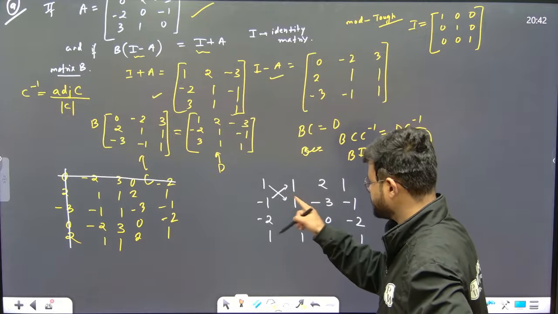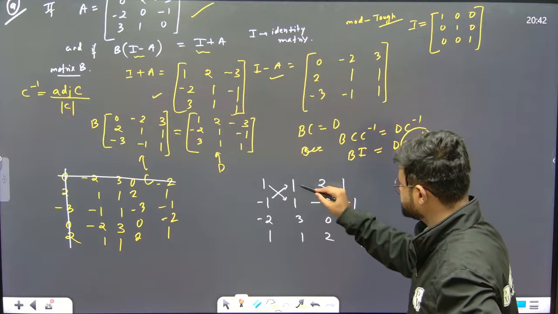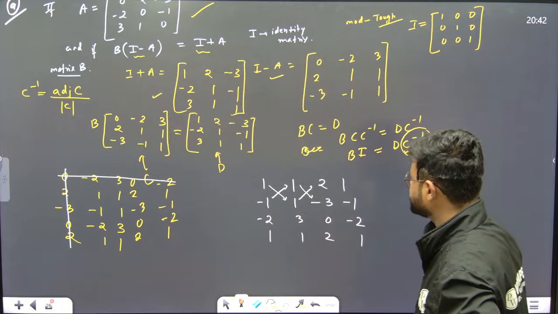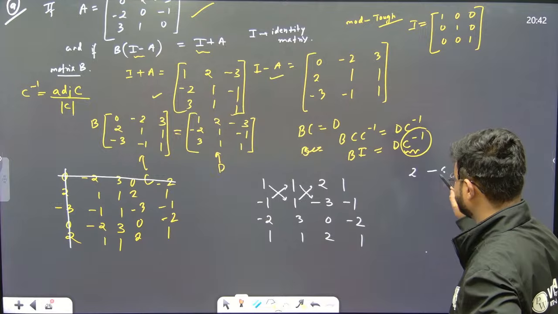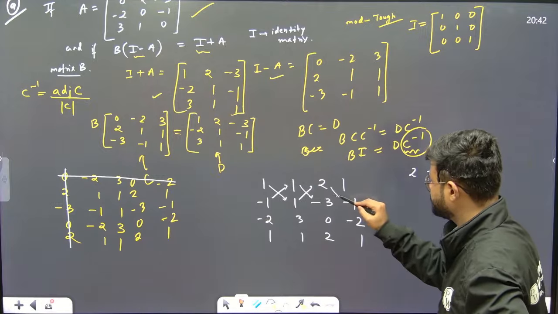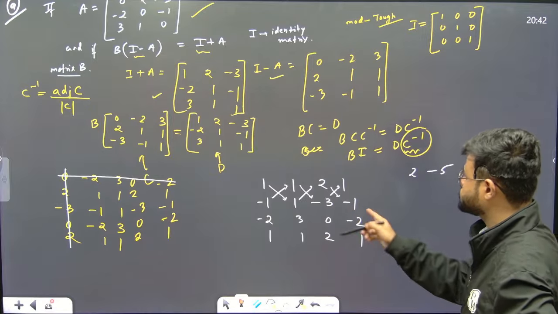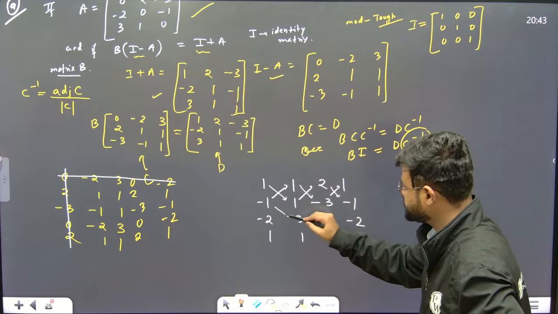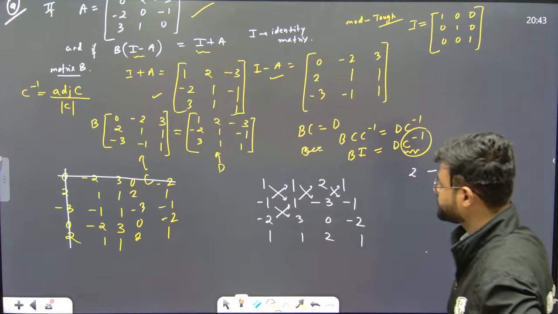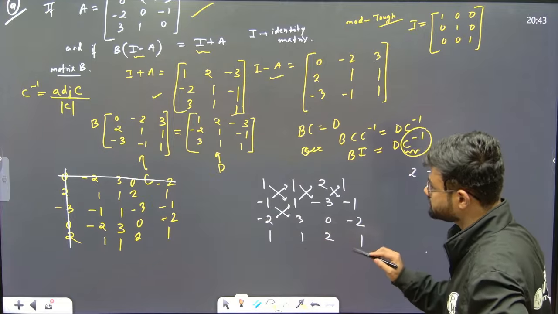And then next is this: -3 -2, that is -5, and then 2 into -1, -2 plus 3, which is -1. Now again you calculate this. So -1 into 3, -3, -3 plus 2 is -1.